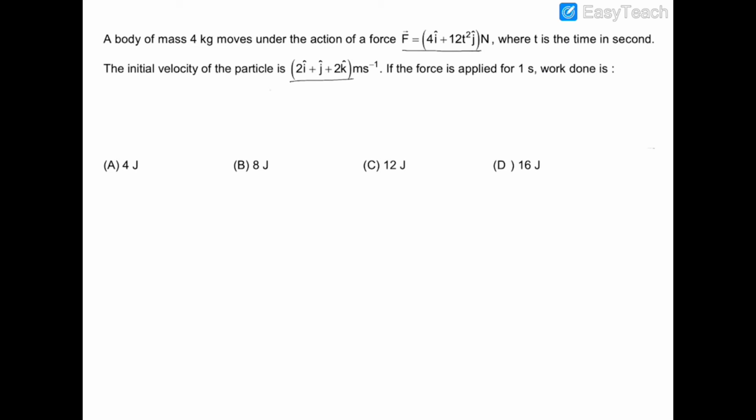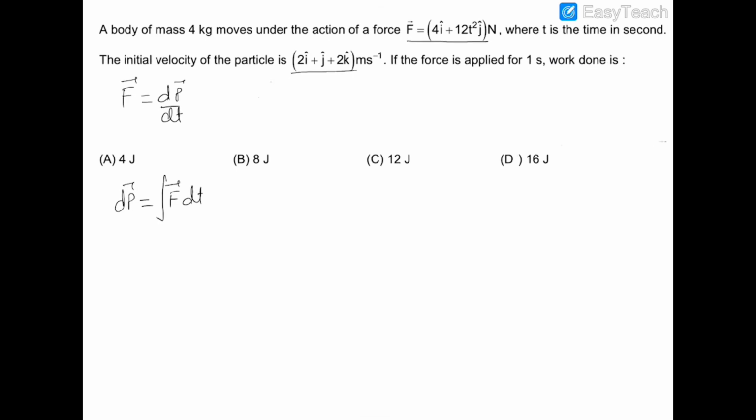First of all, we all know that force is equal to dP by dt, where P is momentum. This is the rate of change of momentum. We all know that, and therefore dP is equal to F dt.